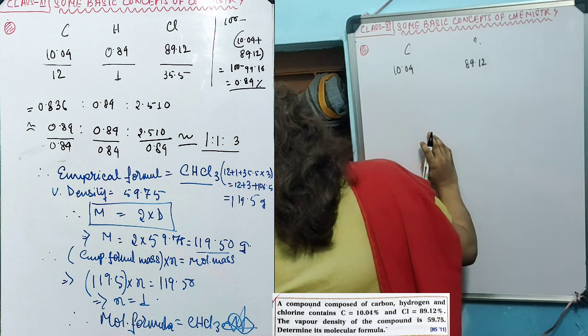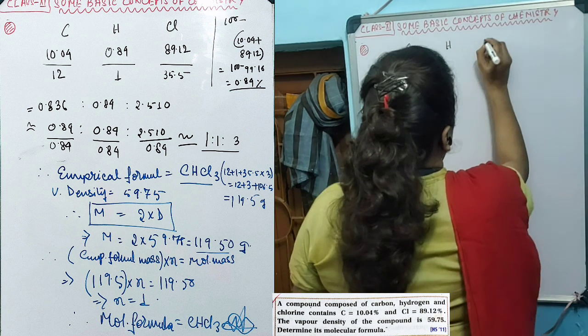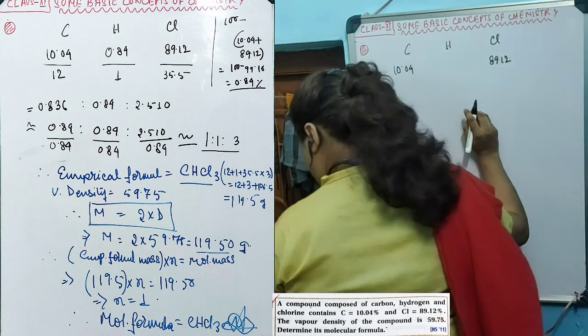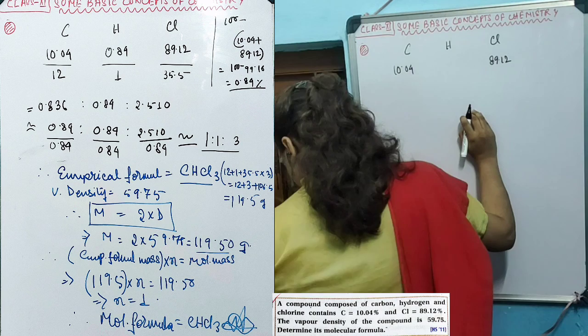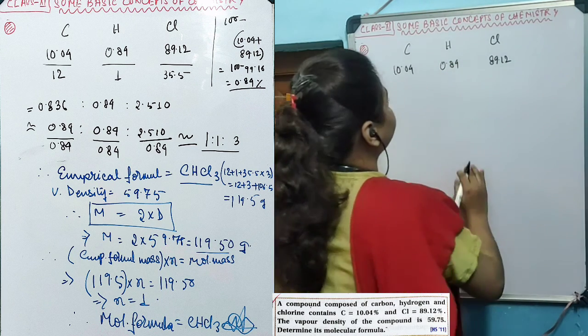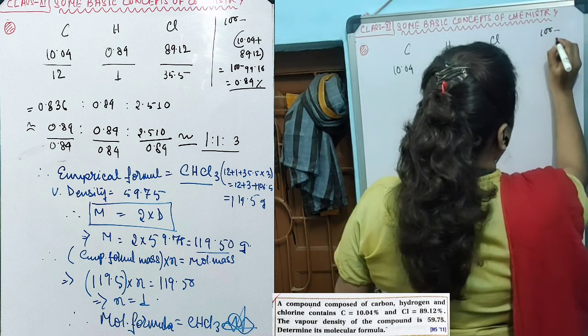There is also hydrogen. Therefore, the remaining portion will be hydrogen. 100 is the total amount.